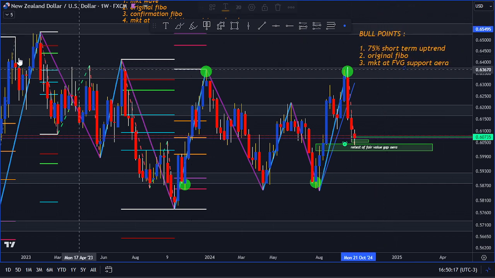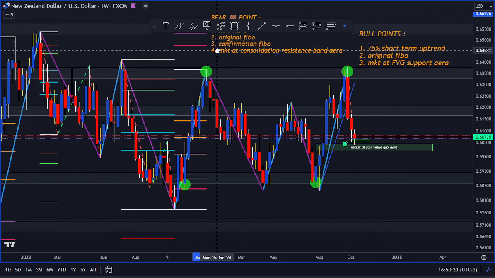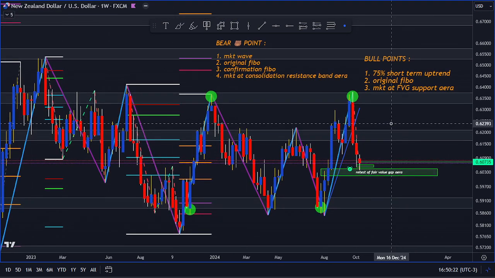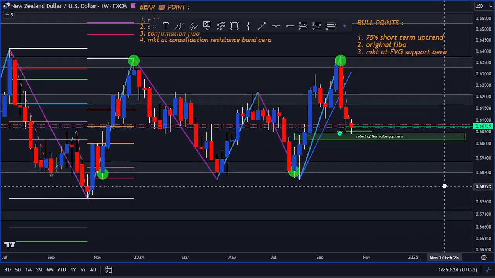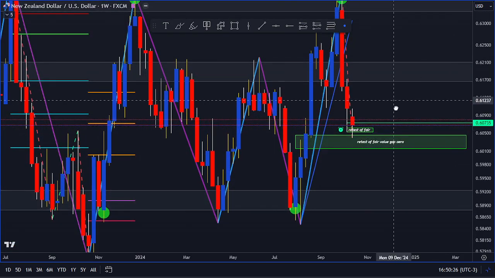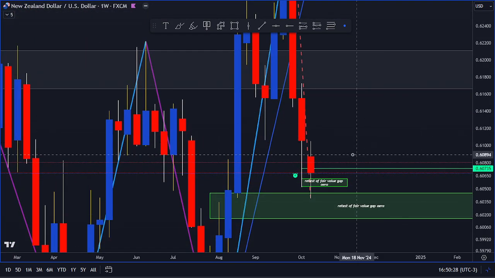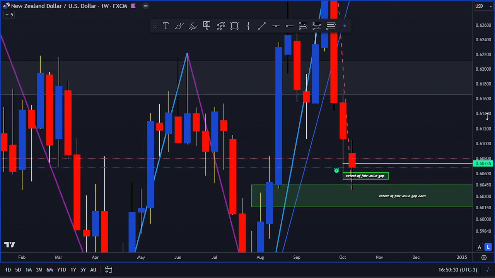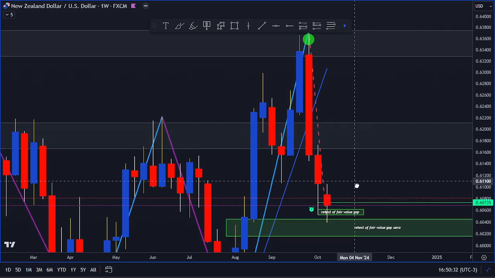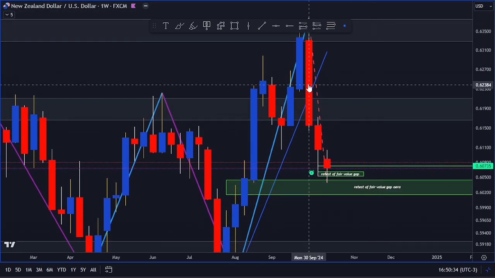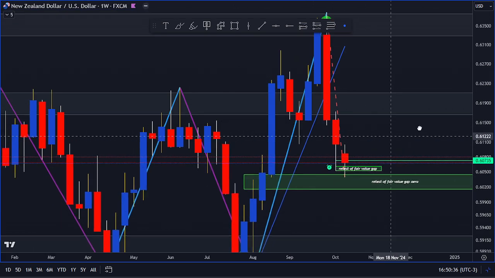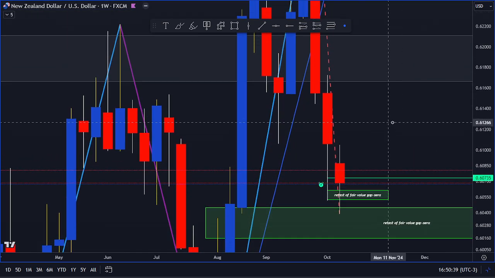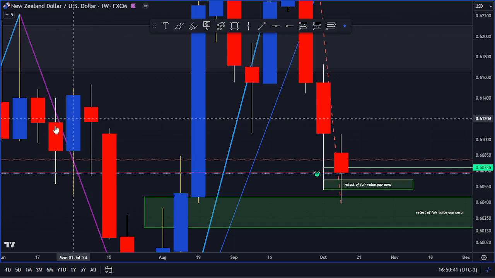So for now, I have more reasons to sell the market, but before that sell comes, on the weekly time frame right here I am looking at the market buying to the upside. So this is the 1, 2, 3 candles.